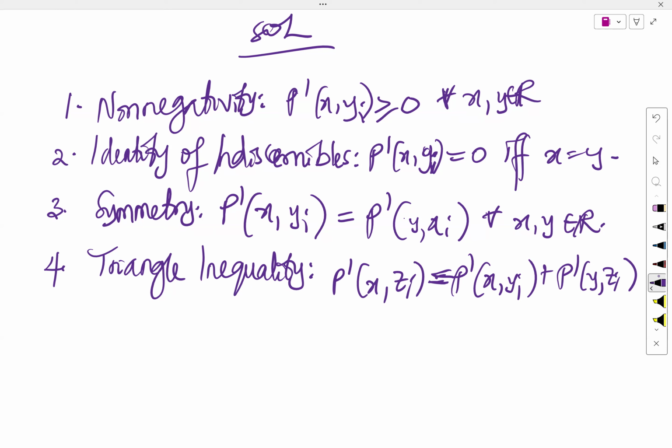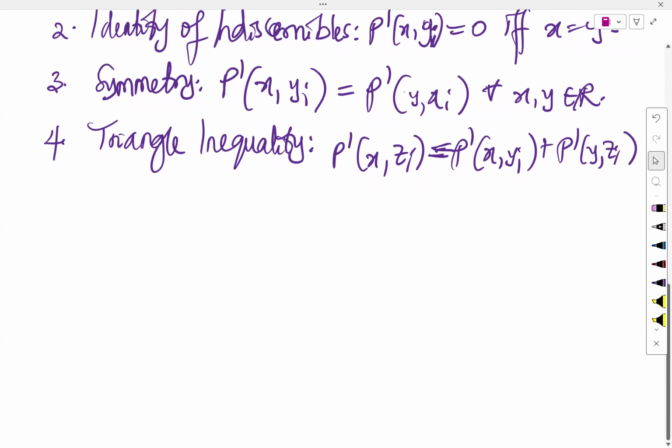So if you can prove these for that function, then it means that it is actually a metric. Okay, so let's take these things one after the other.